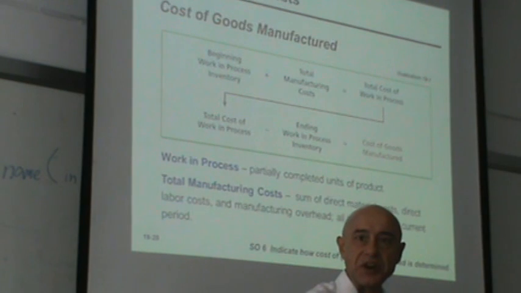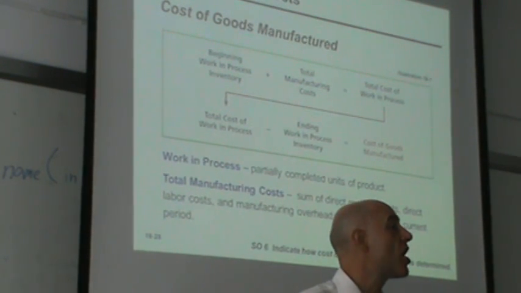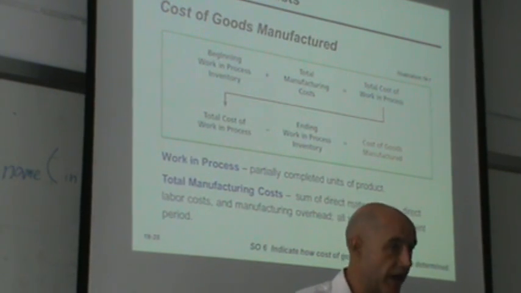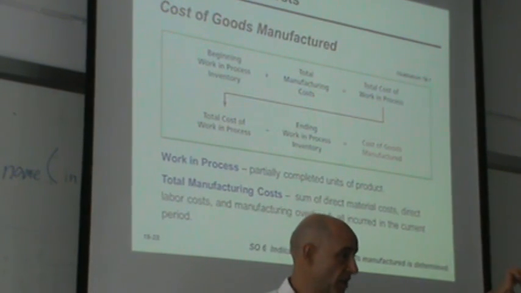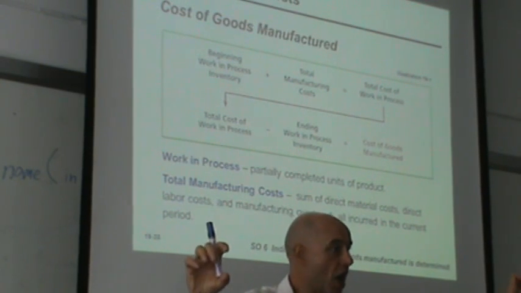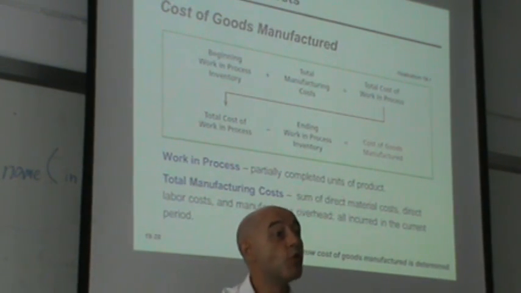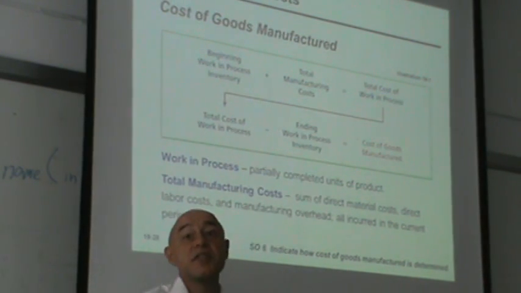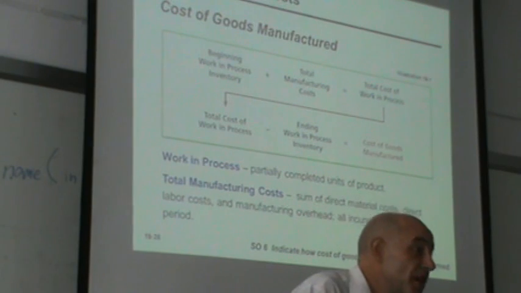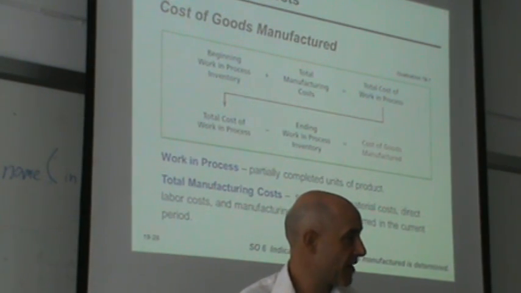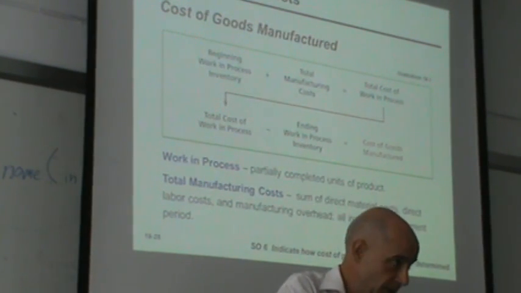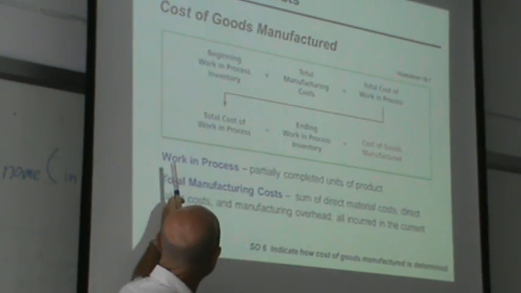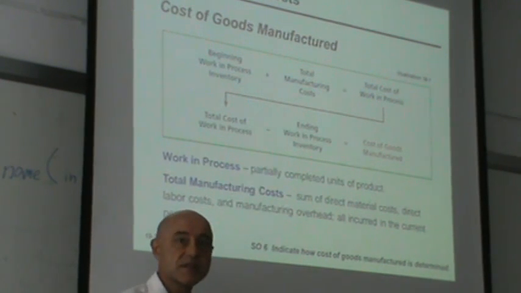So, on December 31, not all cars are finished. Not everything is finished, okay? So you have a direct material, then you have a finished car, but in between you have work in process. So partially completed. A different way of saying this, you can say partially incomplete, okay? So it's not fully complete, okay? It's only part complete. So that we call work in process.